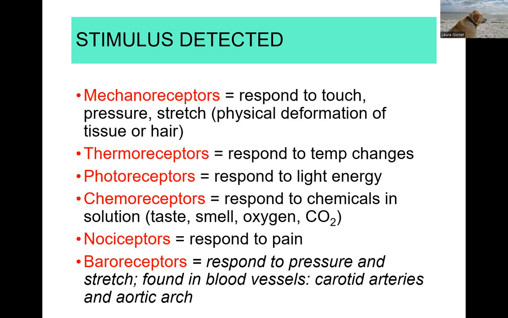Nociceptors respond to pain, and baroreceptors respond to pressure and stretch found in blood vessels like the carotid arteries and the aortic arch, those two areas. So technically a baroreceptor is sometimes classified as a type of mechanoreceptor, but most mechanoreceptors function differently.